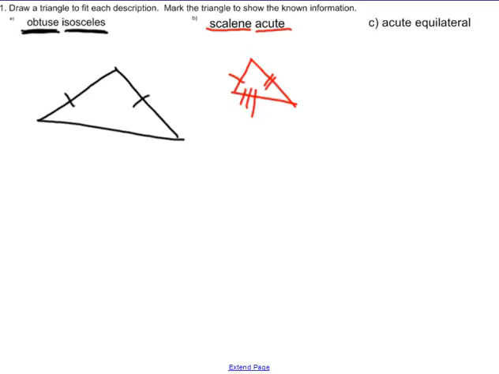And all of the angles are less than 90. Now we're going to do an acute equilateral. Acute means that all the angles are less than 90, and equilateral means that all the sides are the same. All the sides are the same, and all of the angles are less than 90.